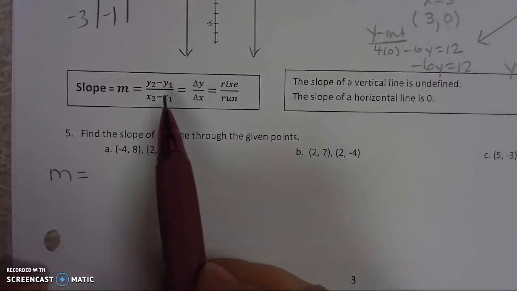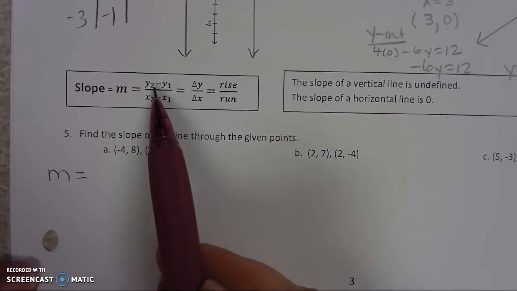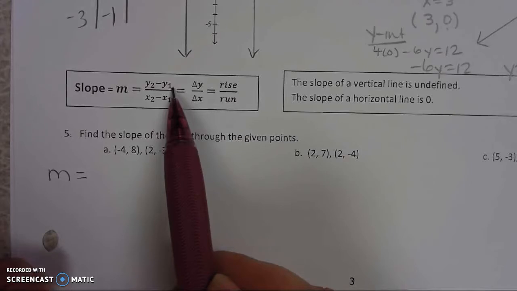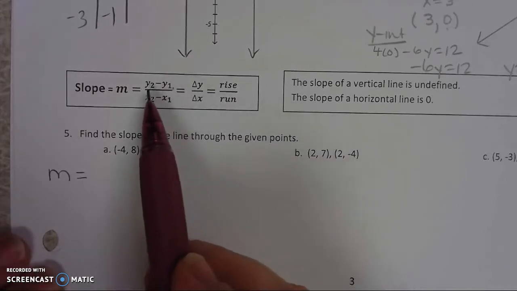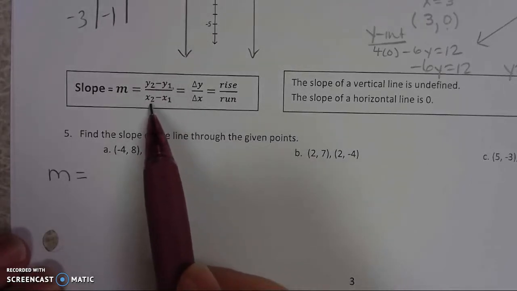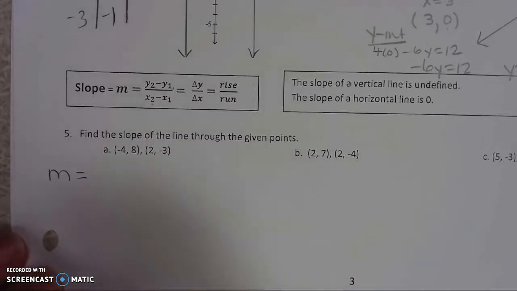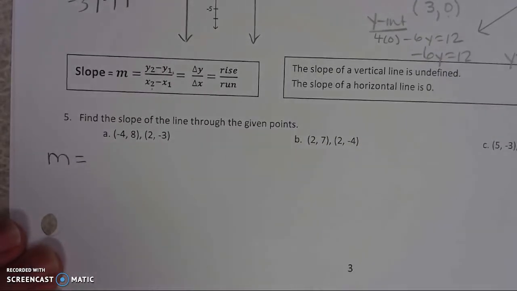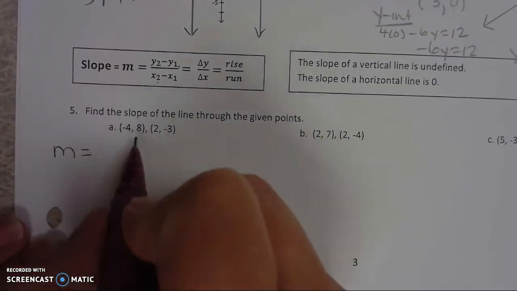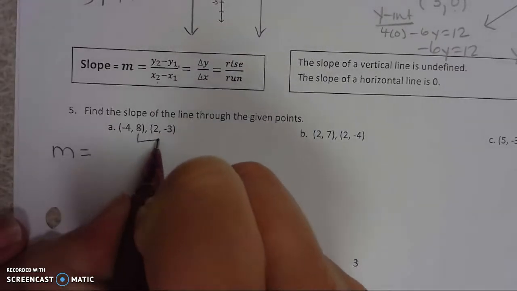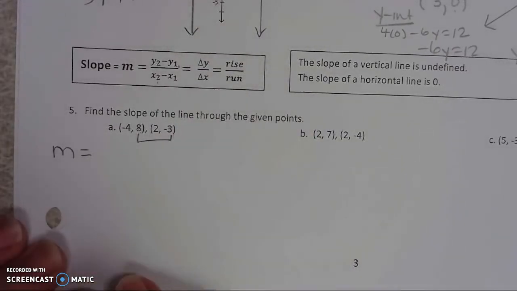Now it doesn't matter which one you call y sub 2 and which one you call y sub 1, as long as whichever one you say is y2, its x value is also x2. So I'll show you how it works no matter which way you choose it. Here are my y values, 8 and -3.